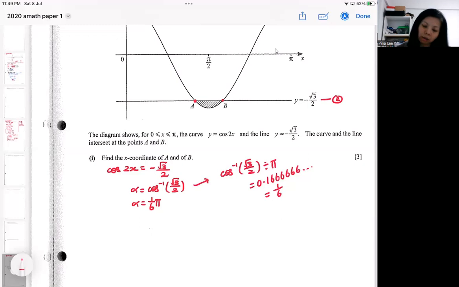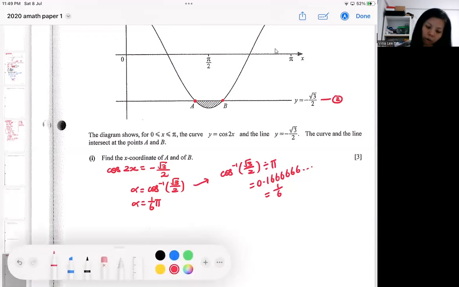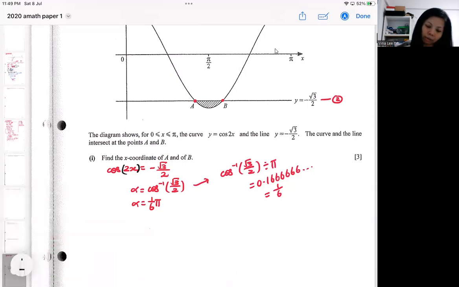Then you need to check out the quadrant for 2x. Which quadrant will it be for cosine negative? 2x should be in the second and the third quadrant.